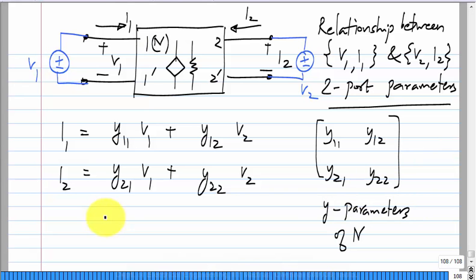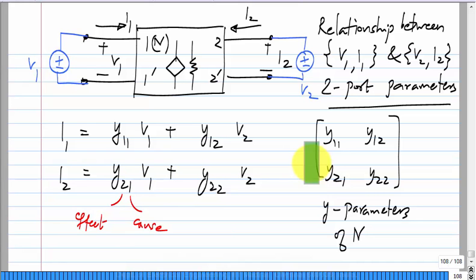And this notation, maybe if you are not familiar with it, takes some getting used to. But basically, the first number denotes the effect, and the second one is the cause. Okay. So basically, Y21 is the ratio of I2 to V1, with V2 being 0. Y21 measures the effect of V1 on I2. This is okay.